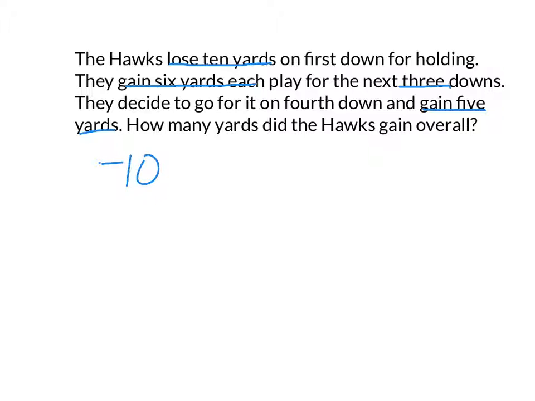But then they gain 6 yards for the next 3 downs. Well, if we're going to do a plus 6 plus 6 plus 6, that's what multiplication is. So plus 3 groups of 6, or 3 times 6. And then on fourth down, they gain 5 more yards. So how many did they gain overall?